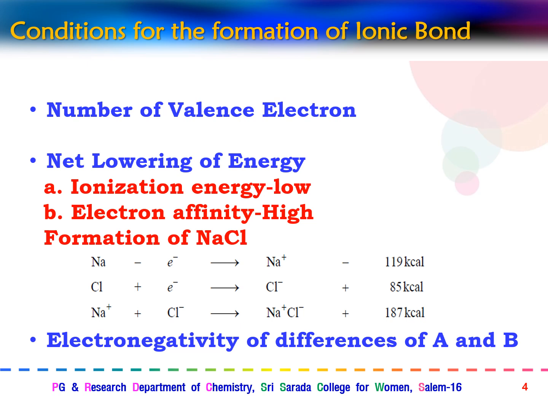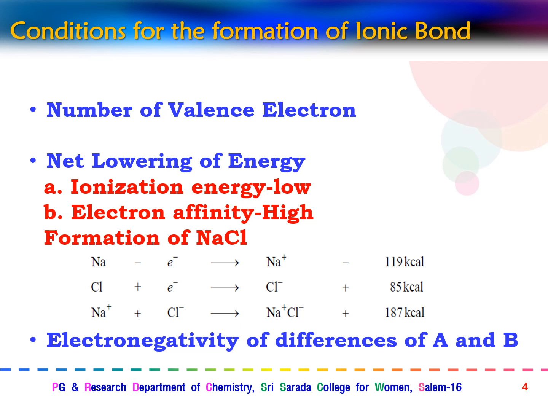It should be very low. The addition of an electron to Cl releases some energy, which is nothing but electron affinity. It should be very high. The third one, the electrostatic attraction between Na plus and Cl minus in the solid compound should be high.